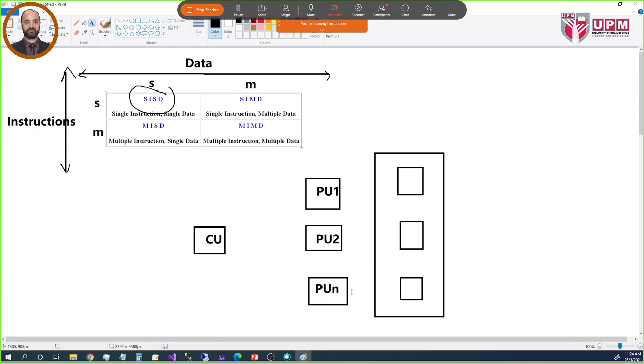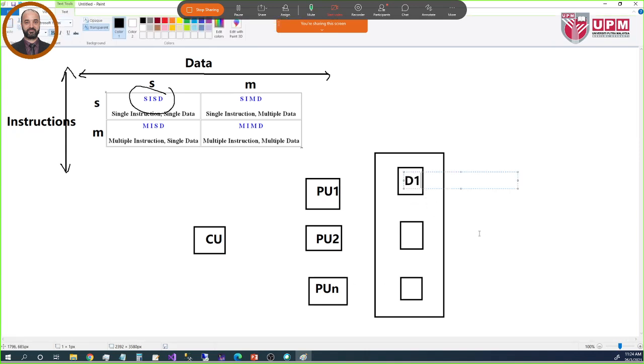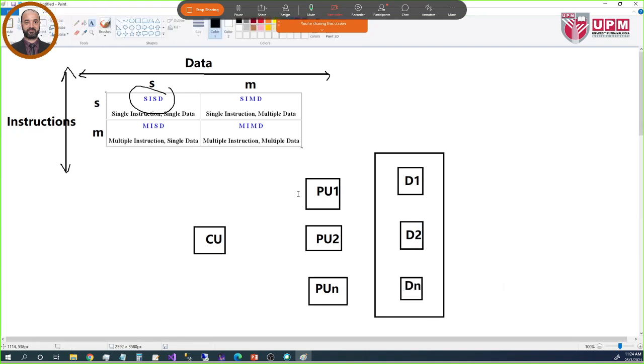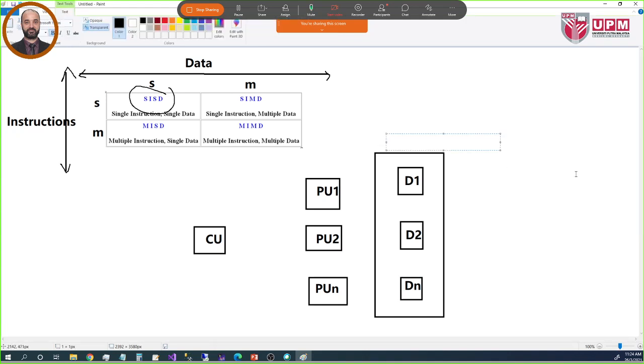We cannot specify a certain number, because in some architectures we have 2 CPUs, in some 4, in some 16, in some supercomputers they may have 32 or 64 processors or whatever. So that's why we use the N. For data, here we have data 1, data 2, then data N. And this one, as I said, is memory, or shared memory.